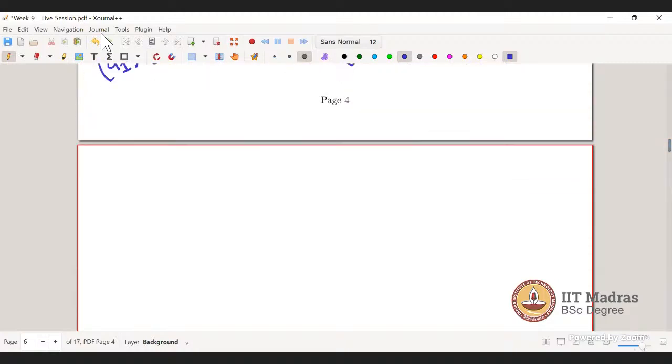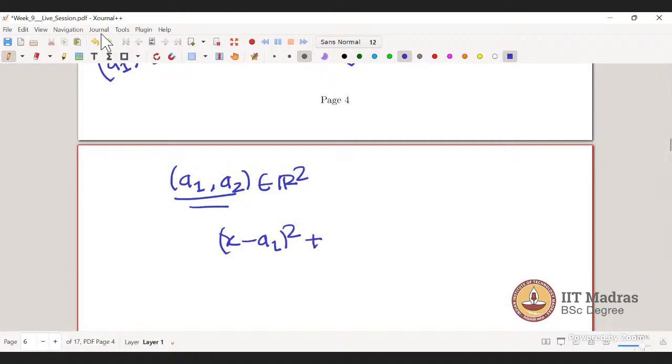See how you represent a circle in R2. What is the equation of the circle whose center is a1 and a2? It is (x1 minus a1) squared plus (x2 minus a2) squared equals r squared, where r is something positive.